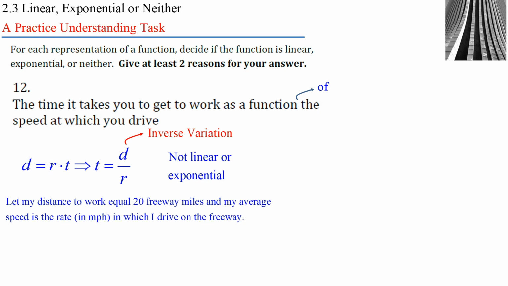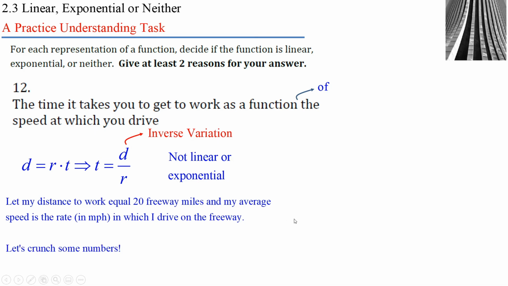Still there today, by the way. All right. And I lived in Vancouver, and it was 20 freeway miles for me to get to the Oak Tree Restaurant. So I used that to set up things here. So let my distance to work equal 20 freeway miles, and my average speed is the rate in miles per hour in which I drive on the freeway.